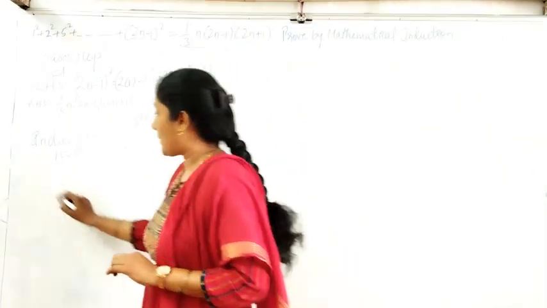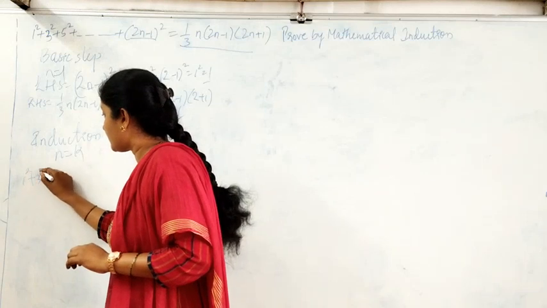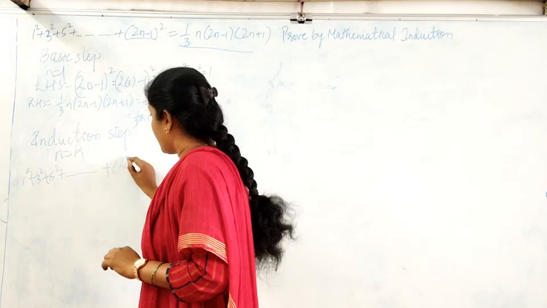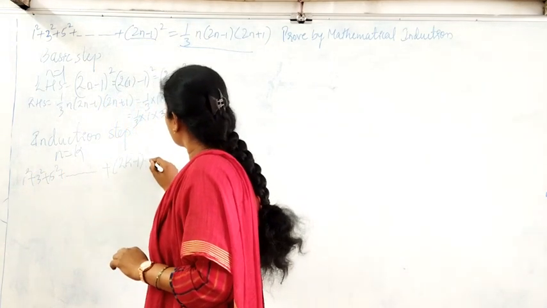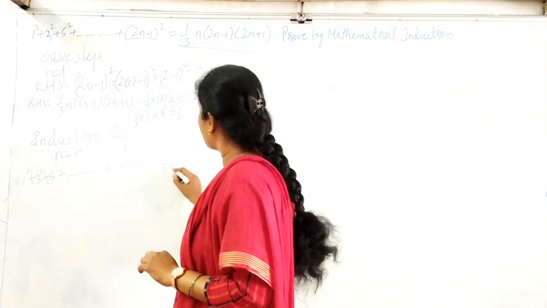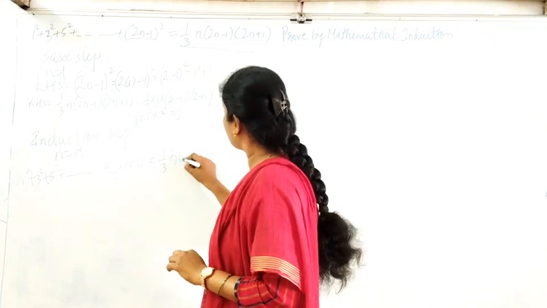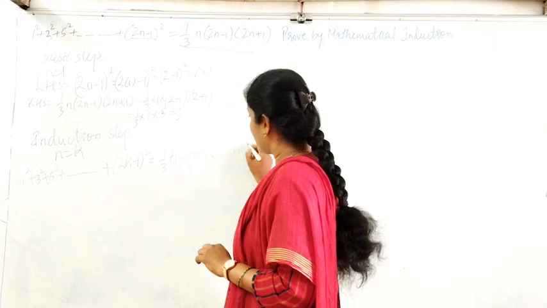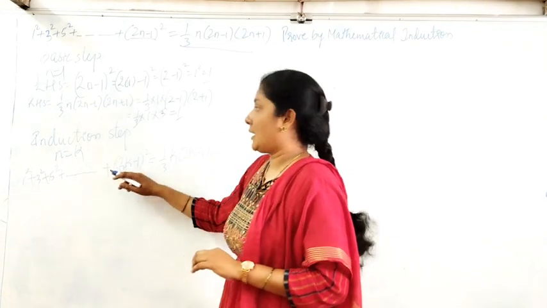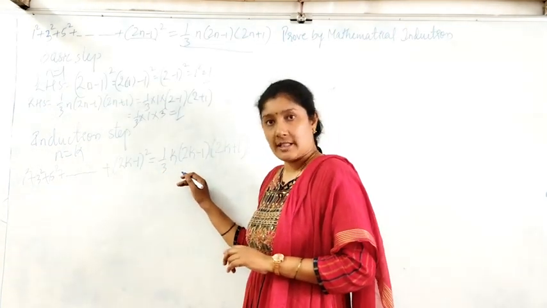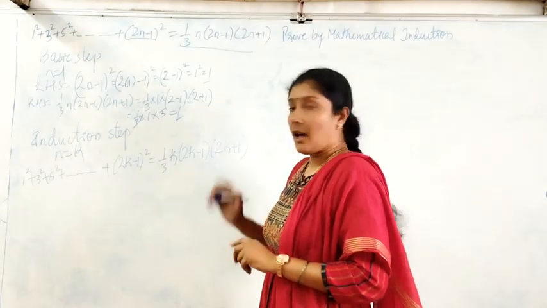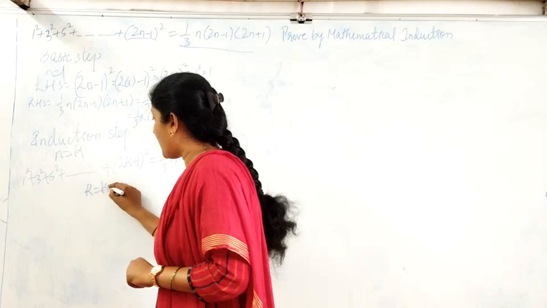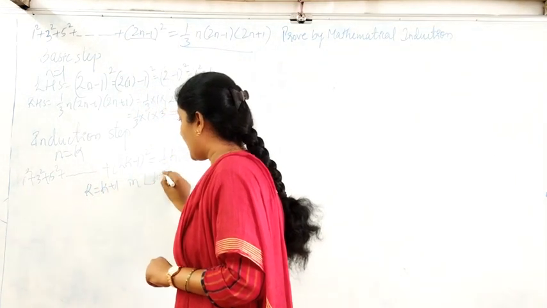So, the equation becomes, when we put n equal to k, we get this equation. After this, we have to put k equal to k plus 1 in LHS.